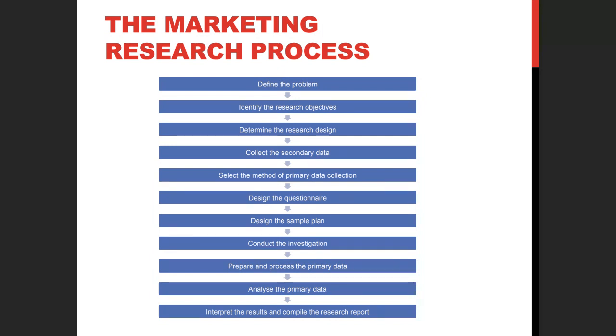But in formulating the research problem, it ought to be clearly defined. If you bring it to marketing researchers, you can tell them that in our organization we have realized that there's been a sudden drop in sales, and people are no longer buying our products. But marketing researchers will need to redefine that problem so that it becomes researchable, so that it becomes a research problem.